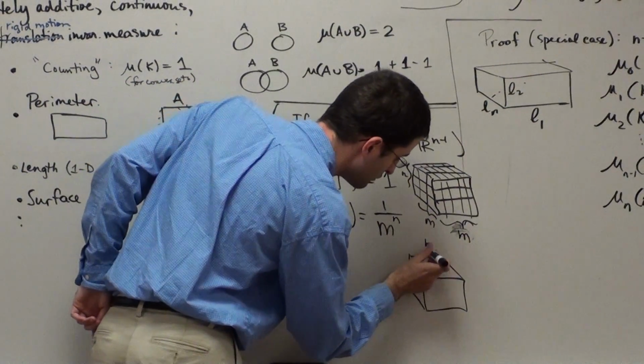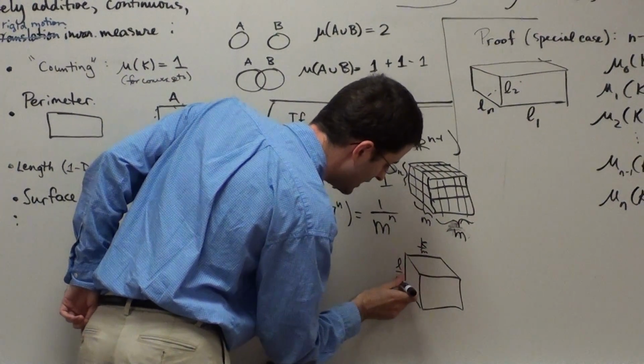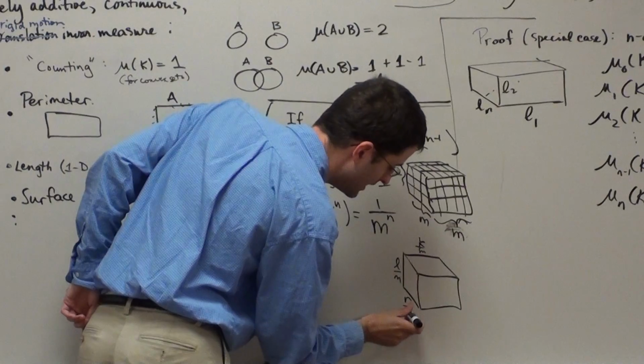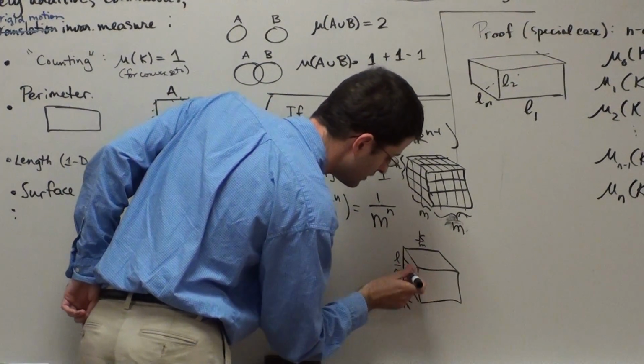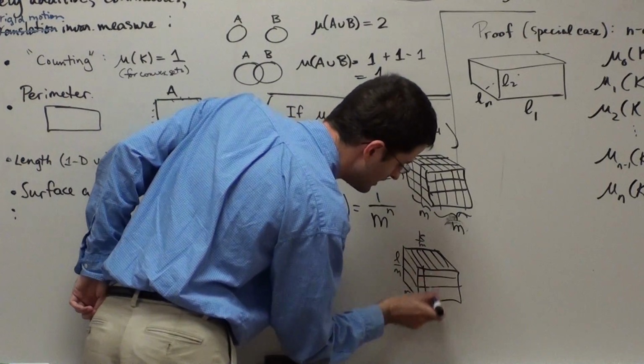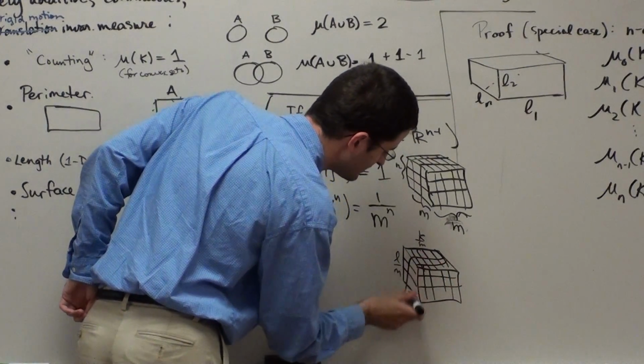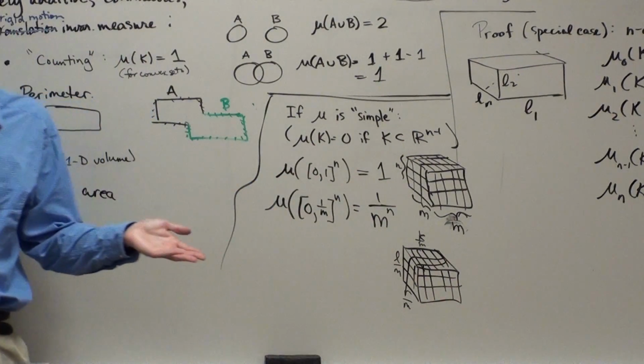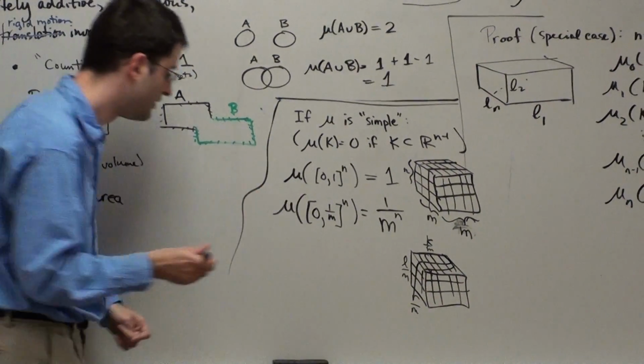So you can do k over m, l over m, r over m, and so forth. So you can take those little cubes and glue them up to make any size you want.